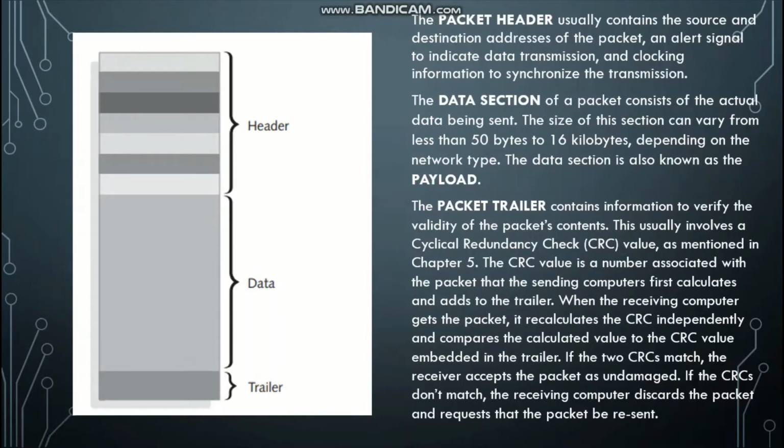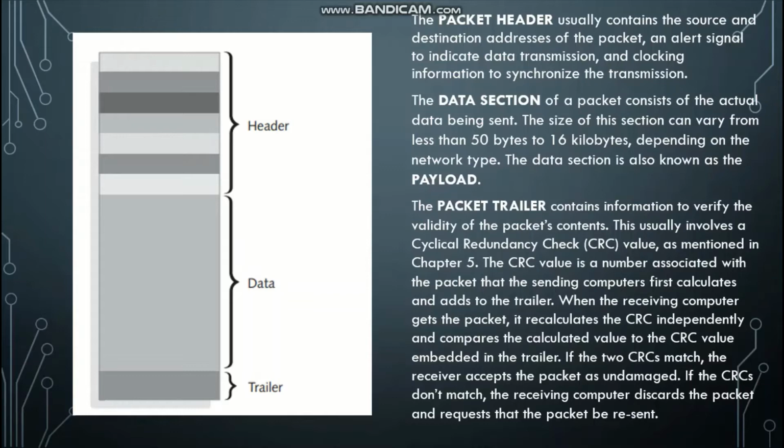Third is the trailer. The packet trailer contains information to verify the validity of the packet's contents. This usually involves a cyclical redundancy check, or CRC, value. As mentioned in Chapter 5, the CRC value is a number associated with the packet that the sending computer first calculates and adds to the trailer.